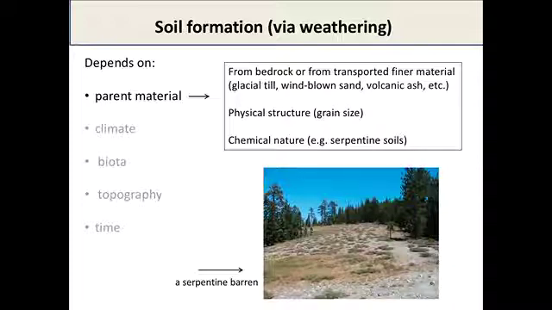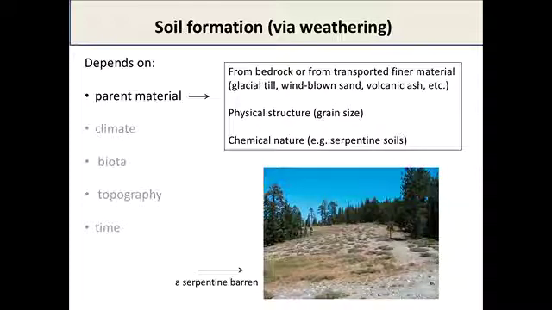Even within the bedrock, we can imagine that the soils that would form over a very hard granite versus a soft sandstone or shale or something like that would be very, very different. Their particle size would be different because it's going to be much harder for weathering or biotic activities to break down that harder rock.